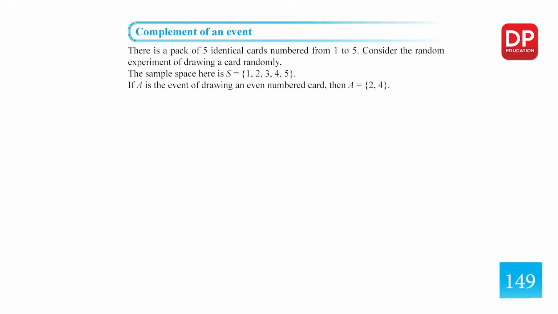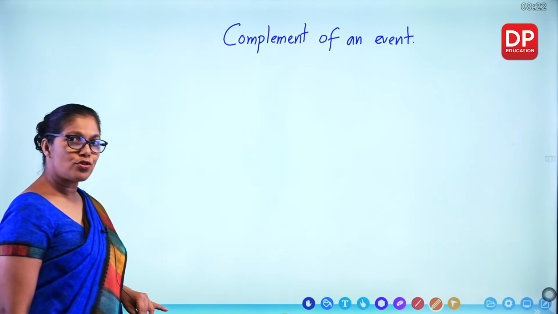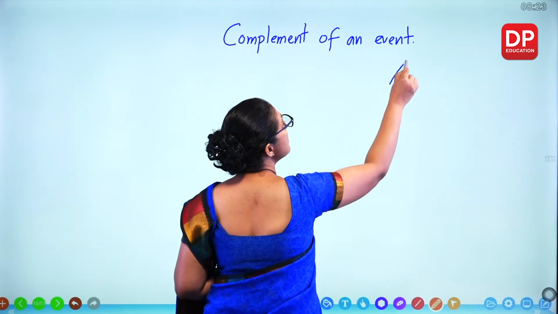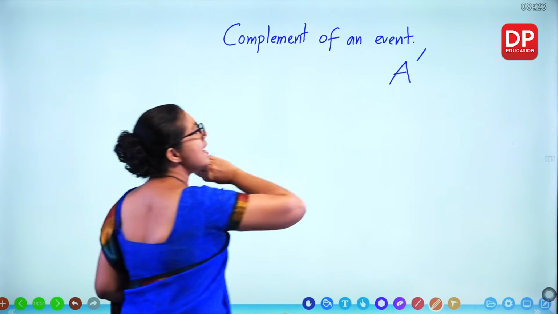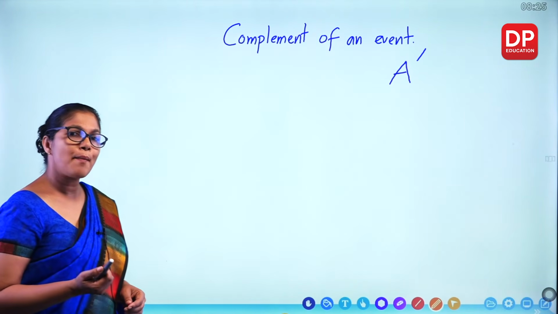Complement of an event. Can you remember? Complement means not belonging to that set. So if A is an event, the complement we can label as A dash. Now we'll take an example.